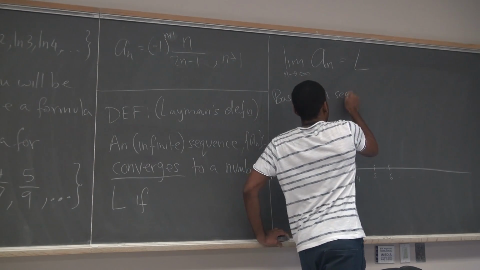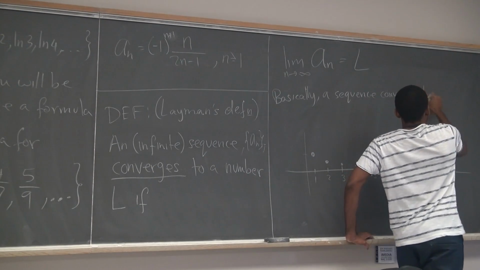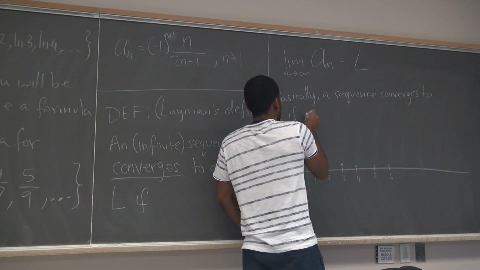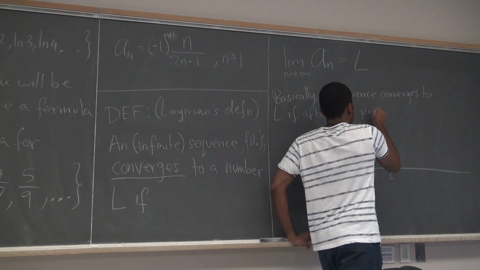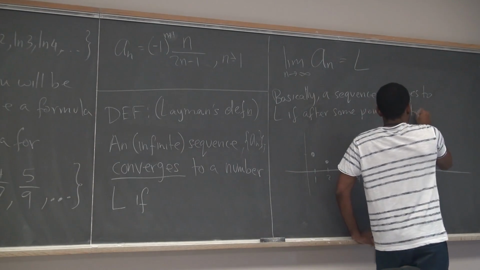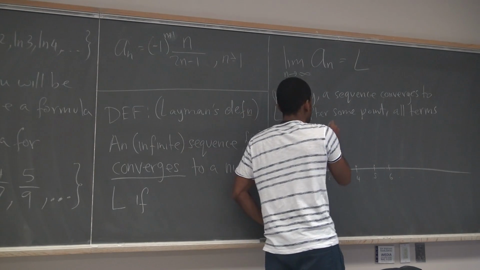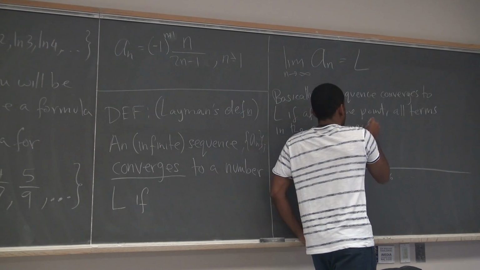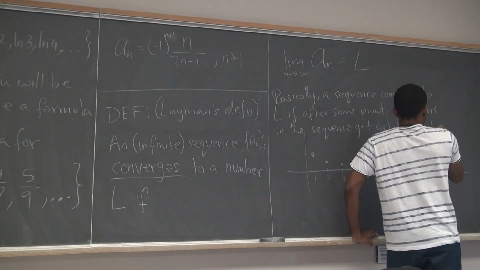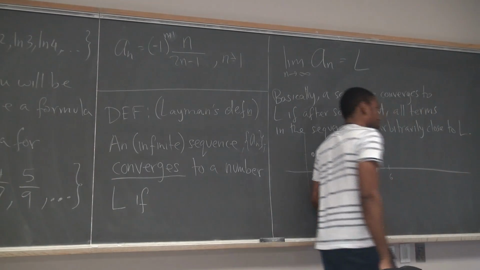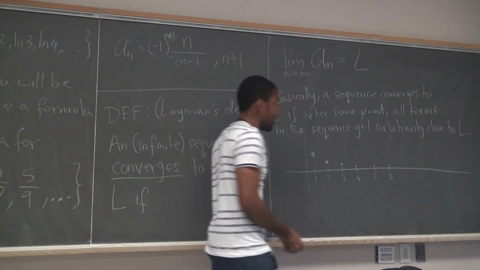A sequence converges to L if after some point all terms in the sequence get arbitrarily close to L. You don't even have to hit the point, you just get super close to it. And we say that means the sequence converges to this number.